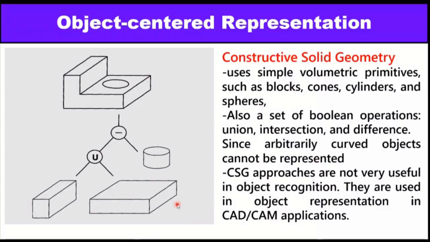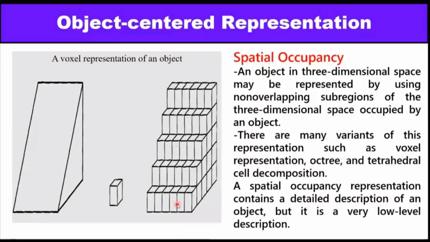Another part is spatial occupancy. The overall object can be dissolved into known shapes. So we have a particular area which may be a regular area, composite area or complex area. We have various known shapes, and now we decompose this complex area with known areas. This can also be performed in the CAD/CAM approach.